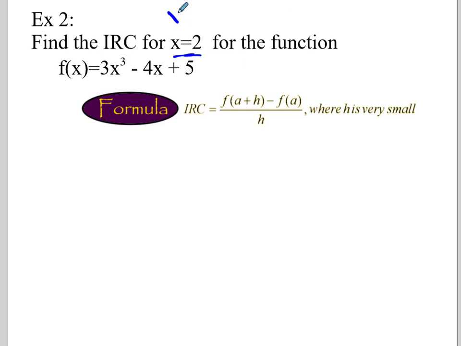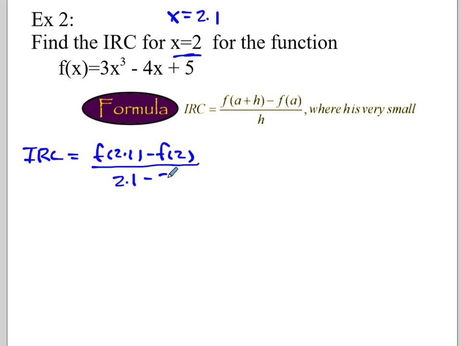We might say x equals 2.1, 2.01, whatever you like. So your IRC is simply going to be f of 2.1 minus f of 2 all over 2.1 minus 2. And this bottom piece, when you subtract them, that's where the h comes from. So in this case, h is 0.1. They just write h on the bottom, but it's just the subtraction of those two.